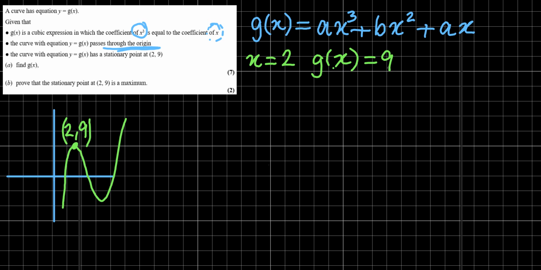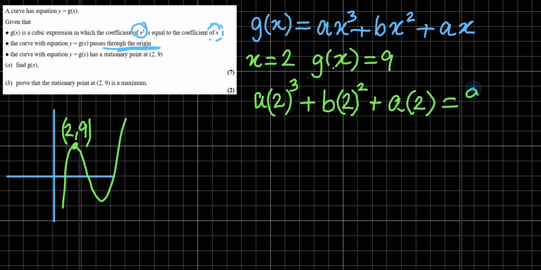So we can substitute those values in. So a times 2 cubed plus b times 2 squared plus a times 2 is 9.